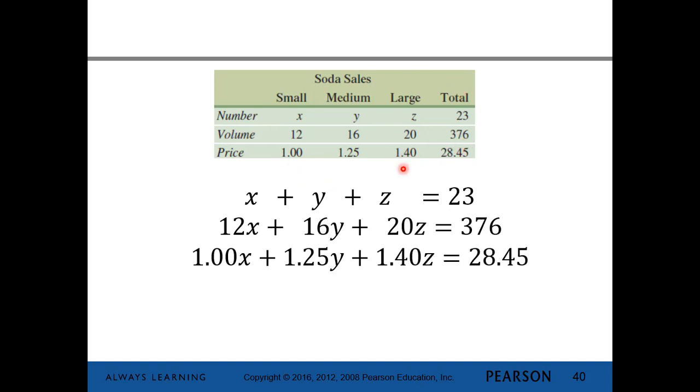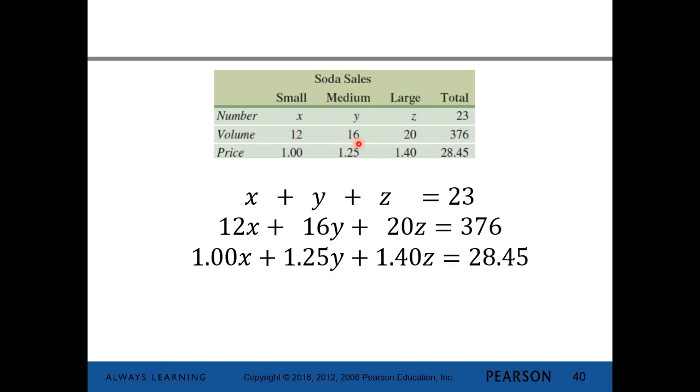So let's use this table to set up these 3 equations. Well, we know that the sum of all of these sodas has to equal 23. So that's where this equation comes from. And since we know that each one of these smalls is 12 ounces, and so on and so forth for the medium and large, if we take the number of small times 12 ounces, that's going to give us the total volume of small.